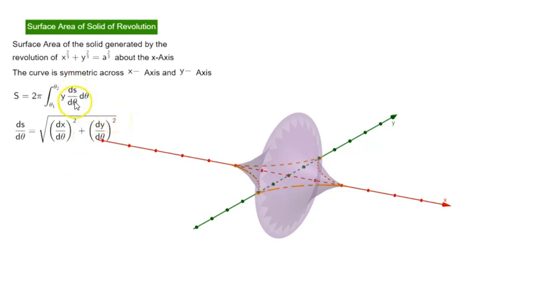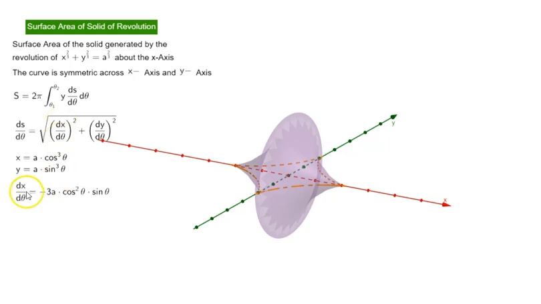So we require ds by d theta, but to get that we require dx by d theta and dy by d theta. Say x is equal to a times cos cube theta and y is equal to a times sine cube theta. Now, why these specific values? Interesting to figure out this. So I will leave it up to you to figure out why these specific values for x and y.